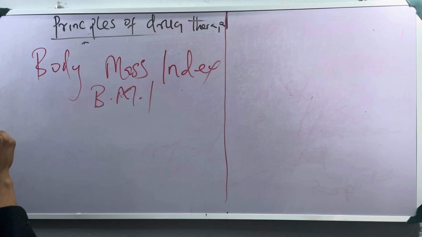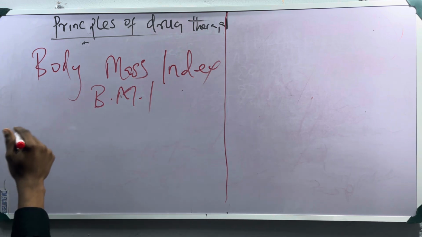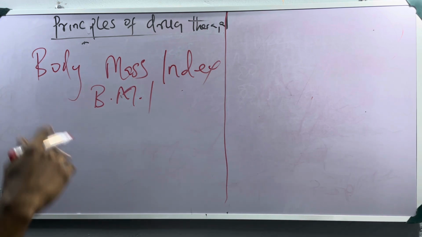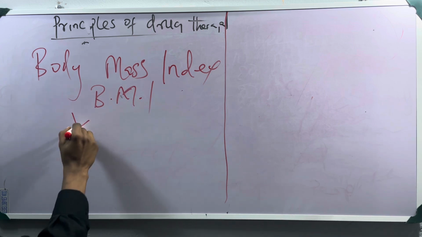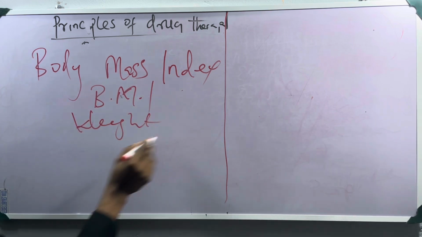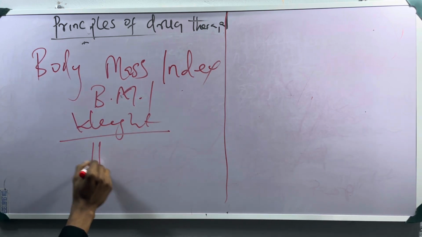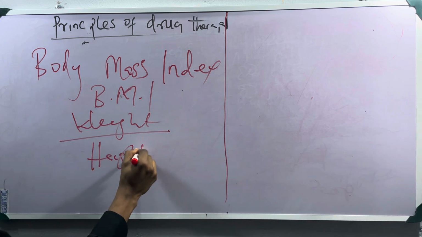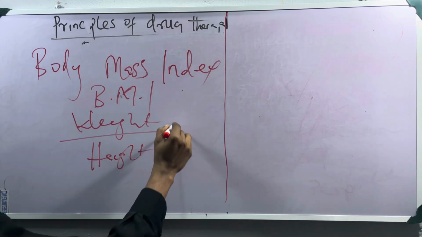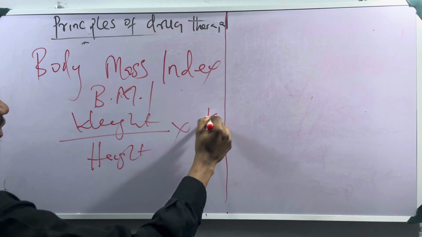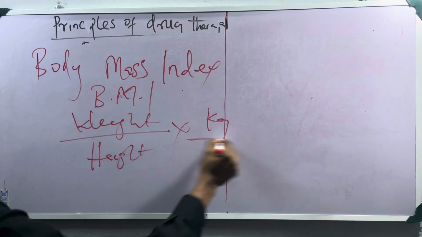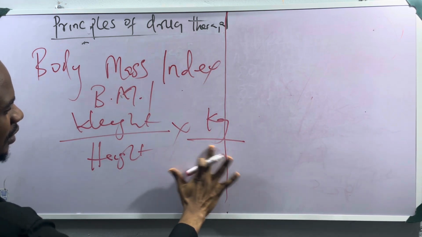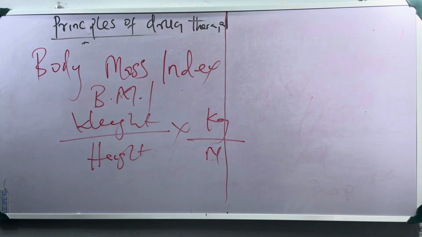How is BMI calculated? It's calculated by dividing the weight of the person by the height. The weight will be in kg, kilograms, while the height will be converted to meters.